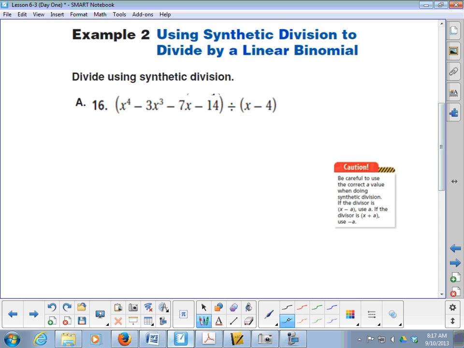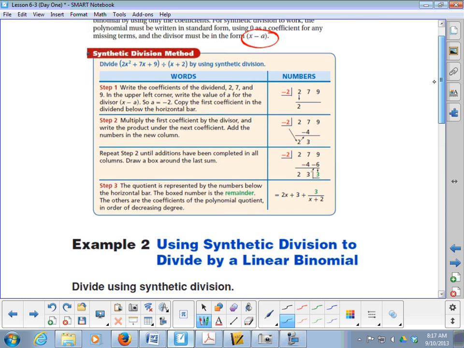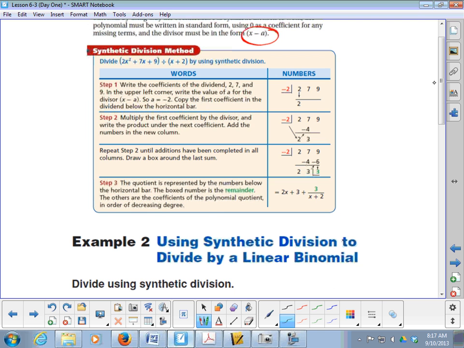First of all, we need to determine the a value, the 0. When we set up synthetic division, it's always going to be set up like they have here in this top part. So what we need to do is figure out what the value of a is.